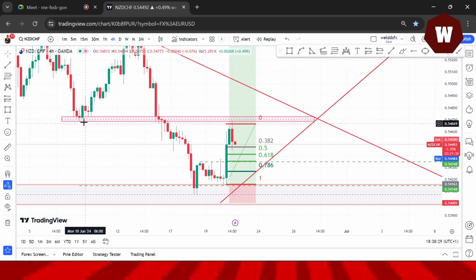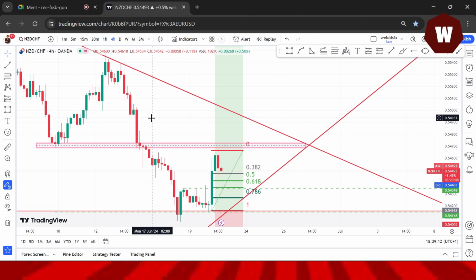This place was the first discomfort, and it actually touched there and started turning back. So I should have booked take profit around that. I should have taken my first TP at that point. It depends on the equity you're trading with. If you have something that is sizable, you could have taken a little there, but if you have not taken, there is no problem.